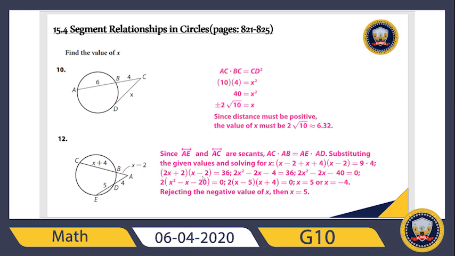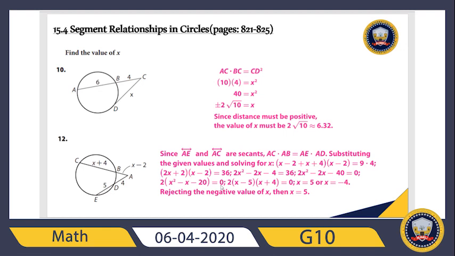Now simplify further. 2x plus 2 times x minus 2 gives you 2x squared minus 2x minus 4, which is equal to 36. This gives you 2x squared minus 2x minus 40 equal to 0. Now, how can I solve it? Find the roots. Either you can use delta or try numbers.